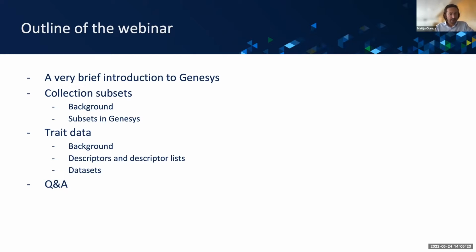Then we'll look at trait data and how that is done in Genesys. Some time will be spent on the background information to explain things, especially the descriptors and descriptor lists, which are crucial to understanding trait data, and then the data sets themselves and how that is handled by Genesys, obviously, with Q&A after that.